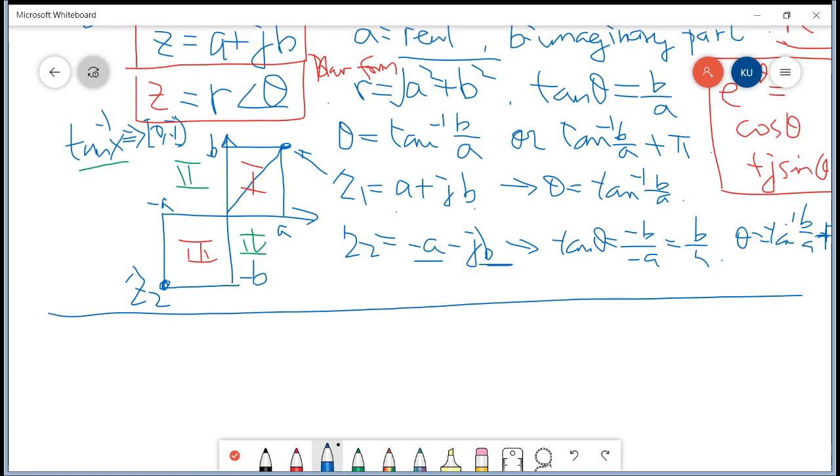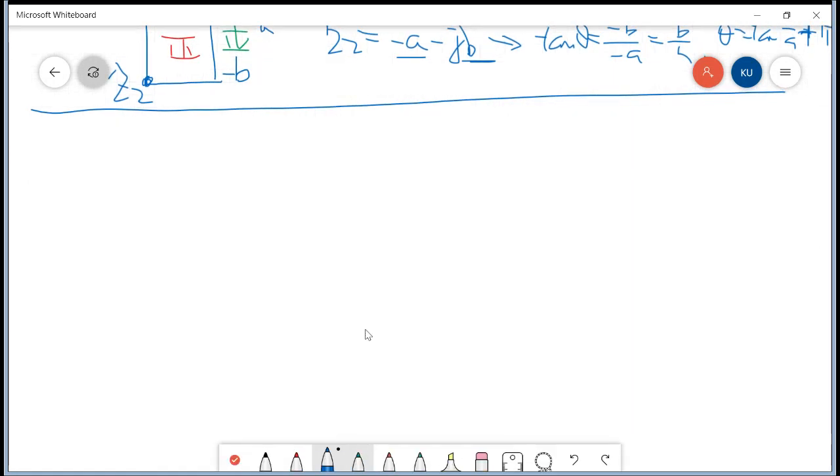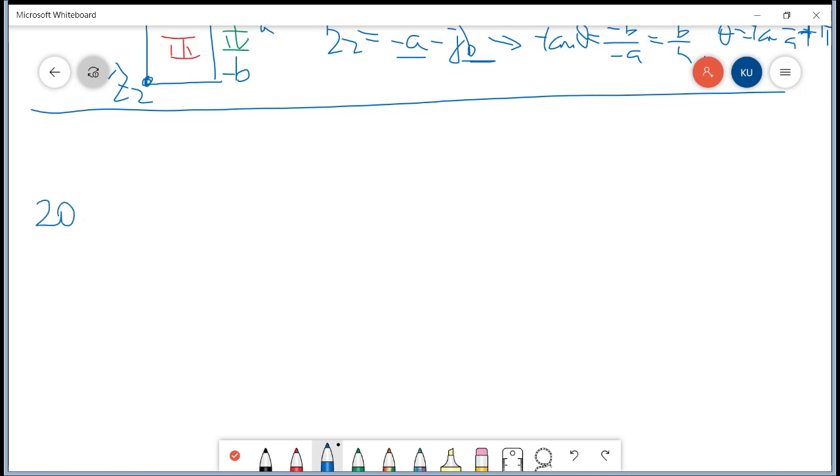So let's see an example. Okay, so we have a circuit like this: 20 cosine(4t minus 15 degrees).